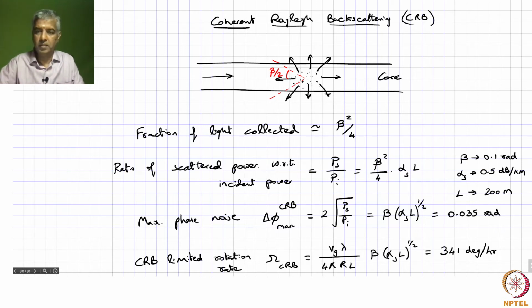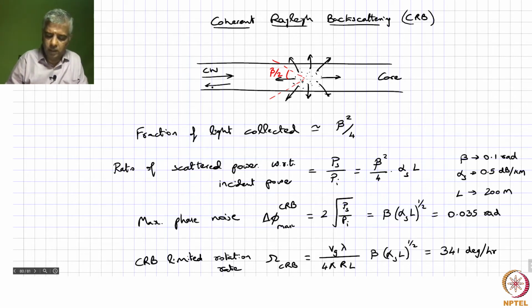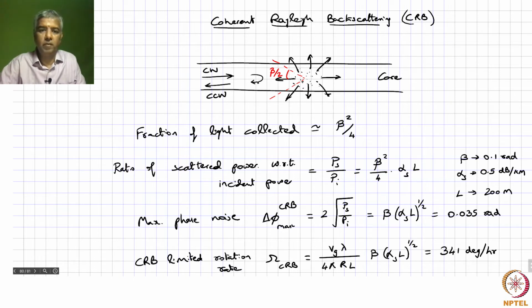Then you have Rayleigh backscattering happening, which of course scatters in all directions, but what we are really worried about is the scattering that's going back in the same direction, because if you have clockwise going this way and counterclockwise coming this way, the clockwise propagating wave is now backscattered, and it shows up as a counterclockwise propagating wave, and that ends up beating with your regular clockwise propagating wave.